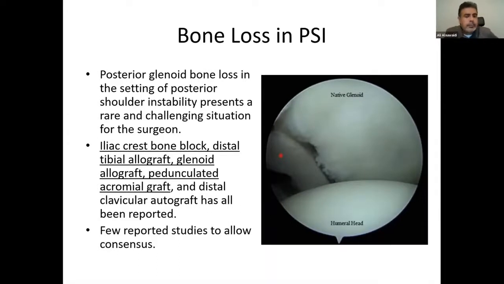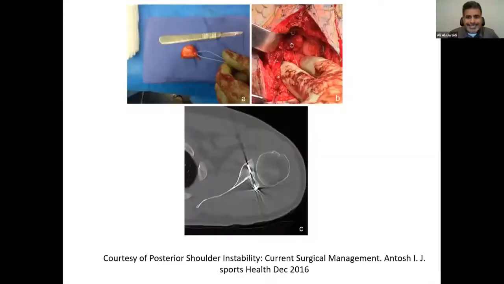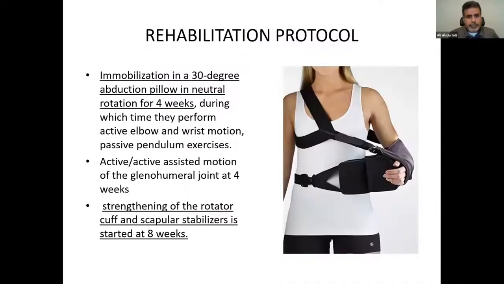But many countries don't have access to allograft, so we do still use iliac crest bone graft. Again, not many studies, but some people do it through an open technique, and some people do it through a mini open arthroscopic assisted technique. As you see, this is an open technique by Antosh there, and using distal clavicle in a good fashion.